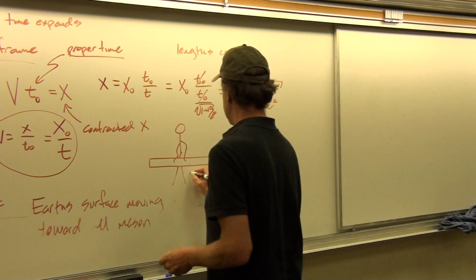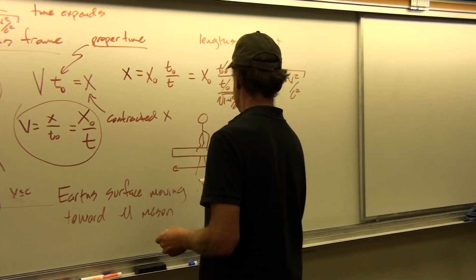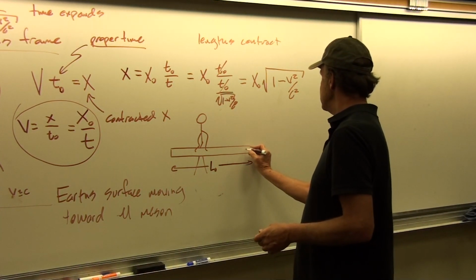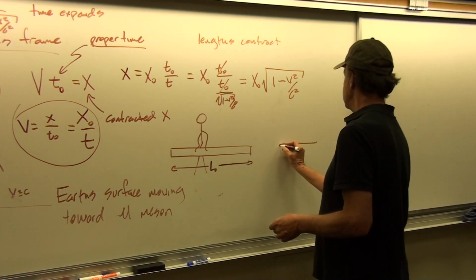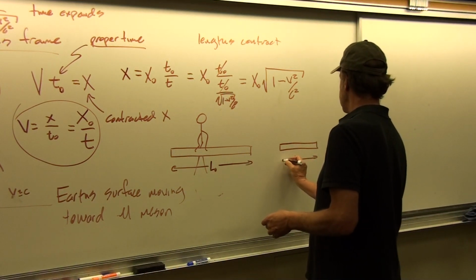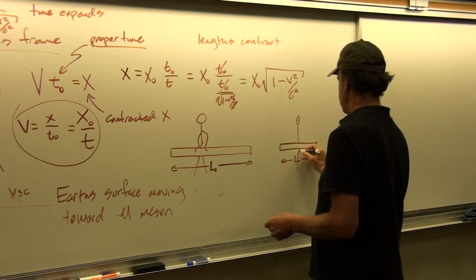And so here we've got this as L naught. Okay, so that's the original length. But now if we start this thing moving, it's going to get shorter. So this is L. This is our contracted length. And now look, the runner is skinnier. He's got an oval-shaped head.